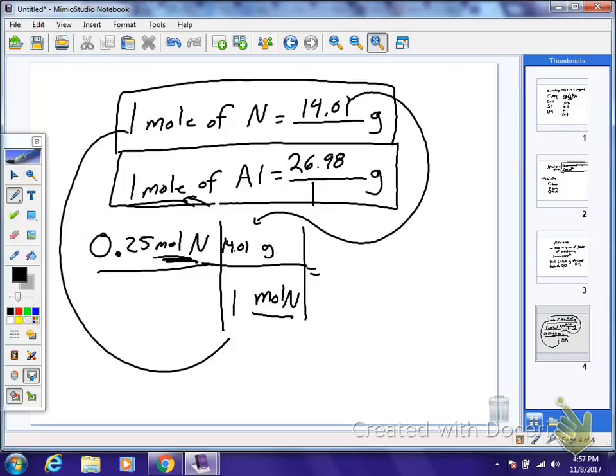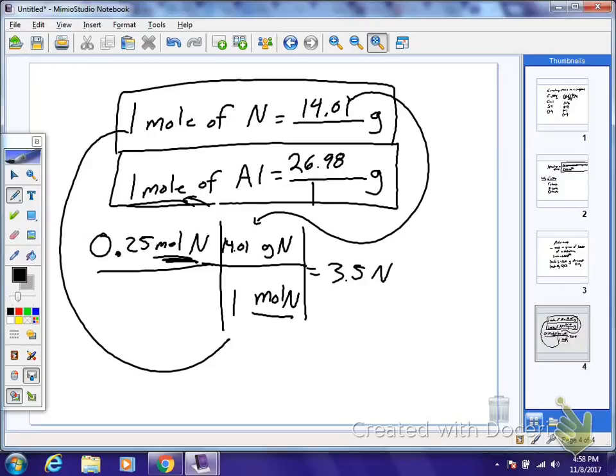And then when I multiply that out, that will give me the number of grams. So I can figure out how many grams I would get if I had 0.25 moles, and that would be 3.5. So I'd end up with 3.5 grams of nitrogen.